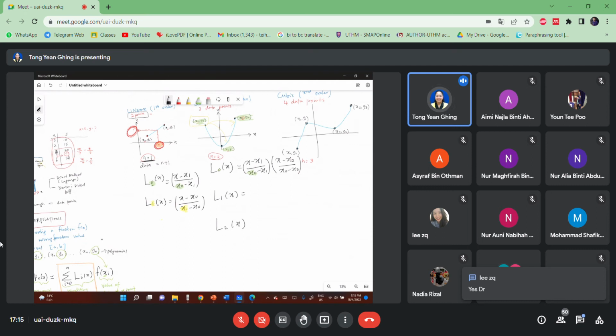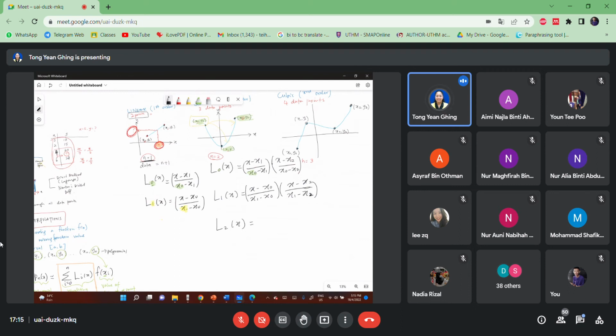Now, let's say this one. What would this be? x minus, at the bottom it's easier, here x1 minus x0. So here is the same, and then here x1 minus x2. Now this one is x minus x2.